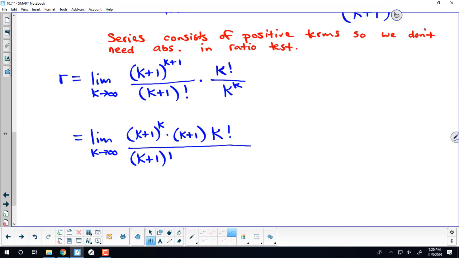It's k plus 1 times k factorial. And this, we can't do anything with, it's just k to the k. So things cancel. We're computing the limit at infinity for k plus 1 to the k on top and k to the power of k on bottom.